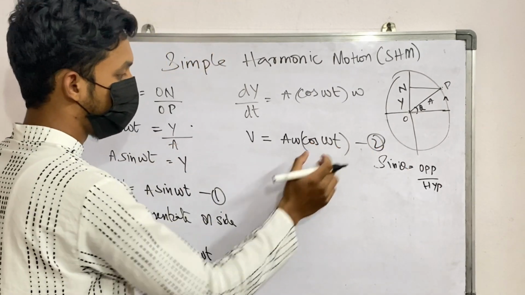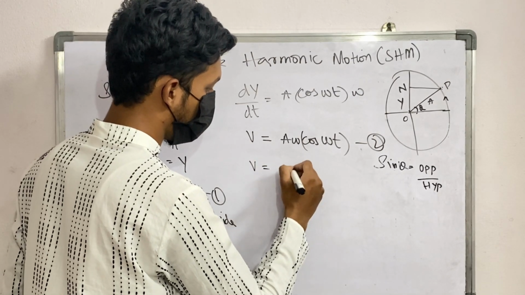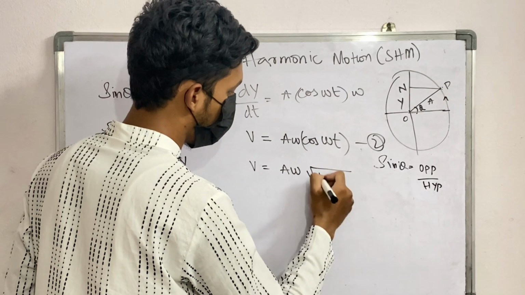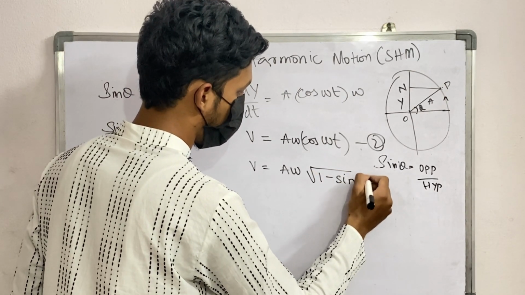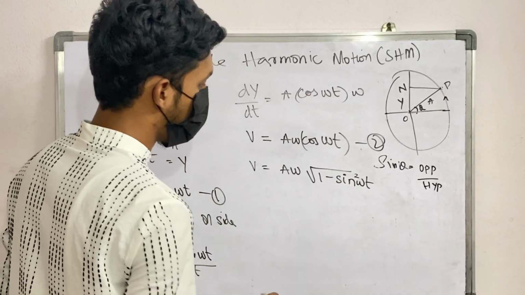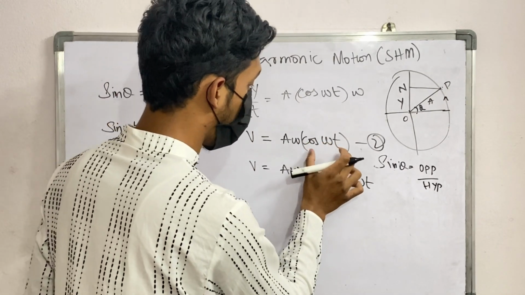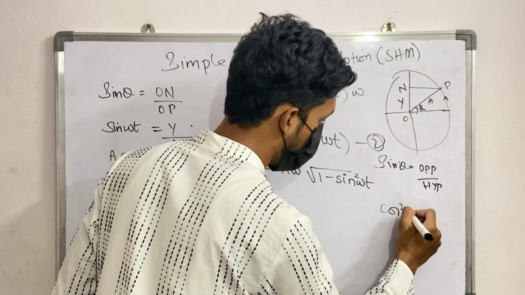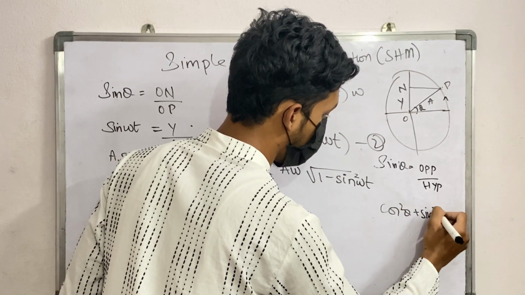So this cos omega t is written as a omega, cos is written as under root 1 minus sine square omega t. Now we derived the cos in this form, like cos square theta plus sine square theta is 1.